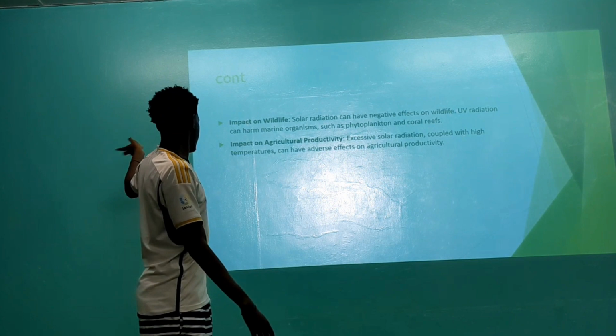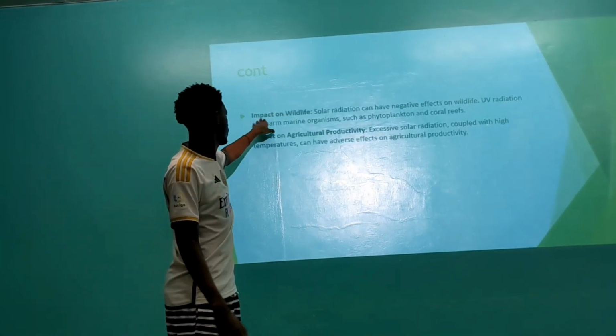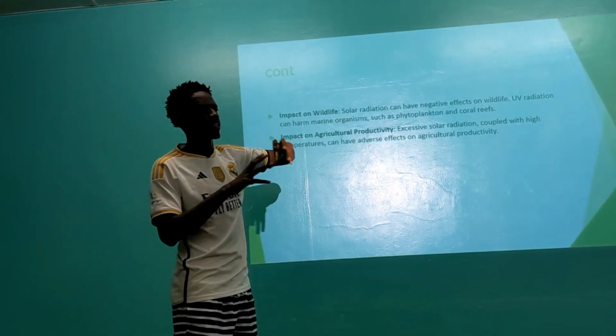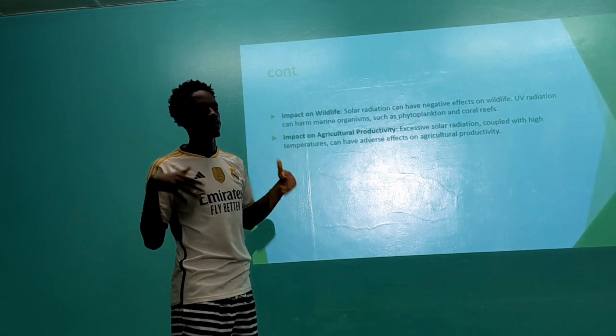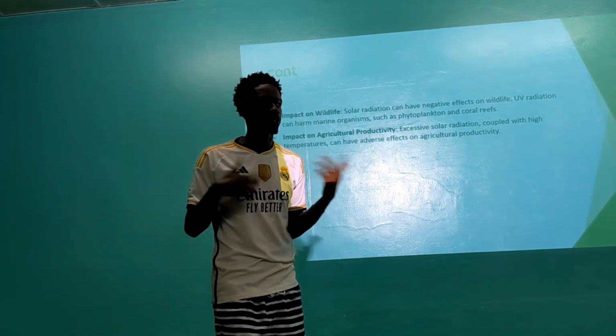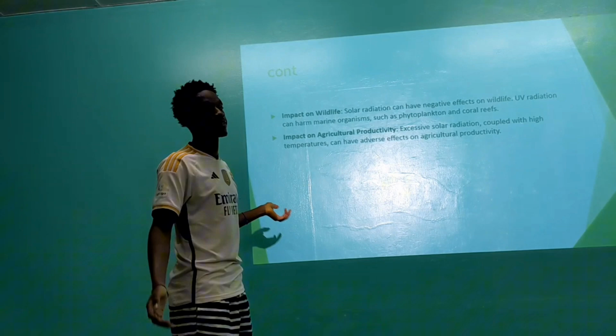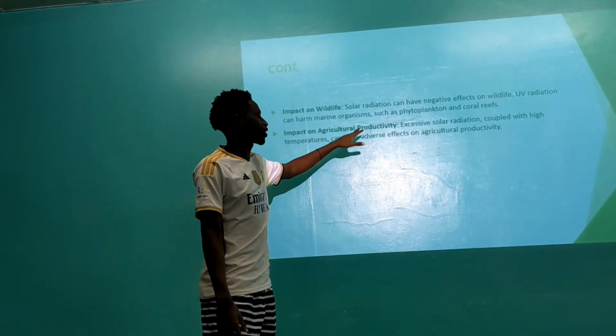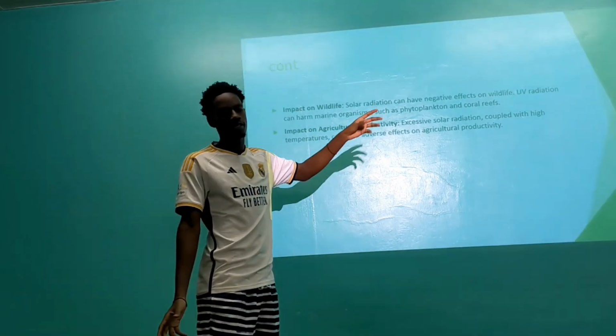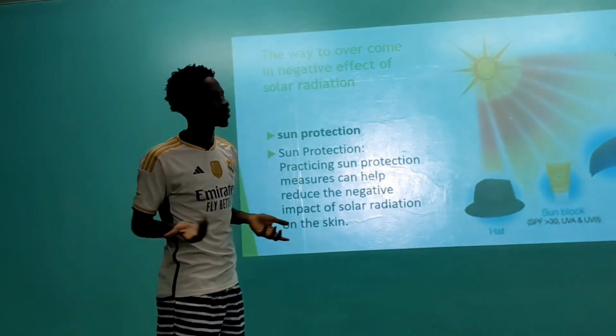Another negative impact is on wildlife. Increased sun can lead to drought, and when there is drought, many species can go extinct or die. There is also an impact on agricultural productivity. When there is too much sunshine, the crops can be destroyed.